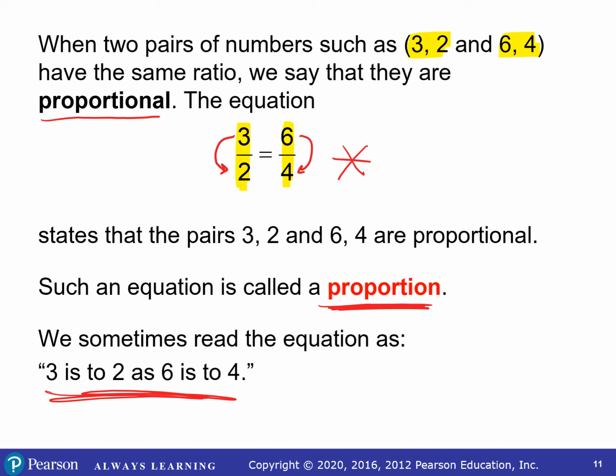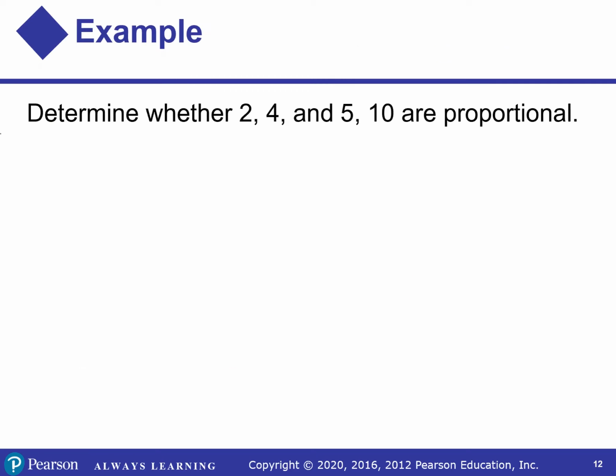And we started off here with two fractions that were proportional, but if you don't know if they're proportional or not, you could basically set up the proportion. So in this case, example, determine whether the numbers 2 and 4 are proportional to 5 and 10.